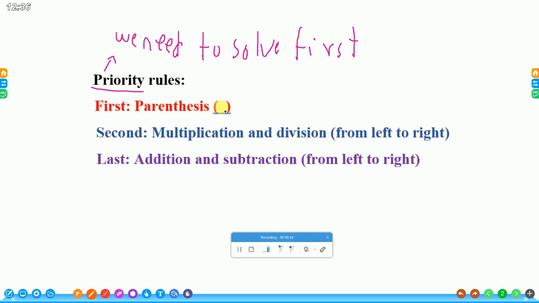I don't care what the operation between parentheses is. It can be addition, multiplication, division, or subtraction. So we need to solve first what's between parentheses. Then we must solve the multiplication and division operations from left to right by following their order of appearance. In the end, we solve the addition and subtraction operations from left to right.